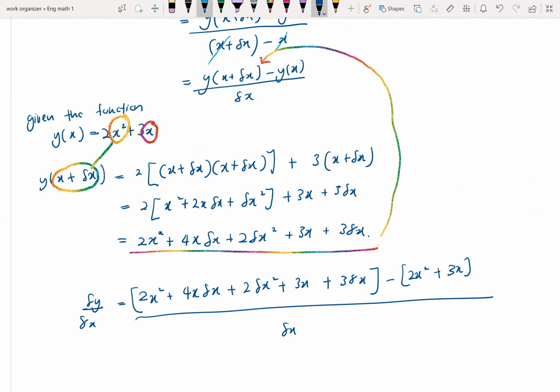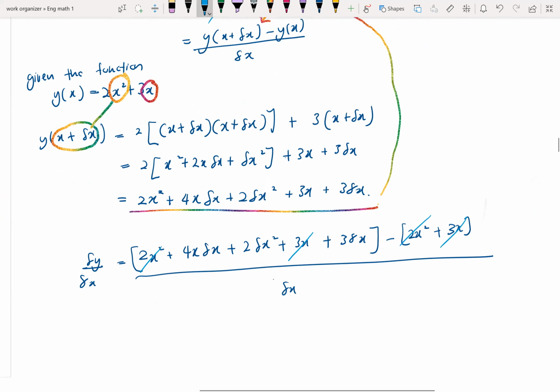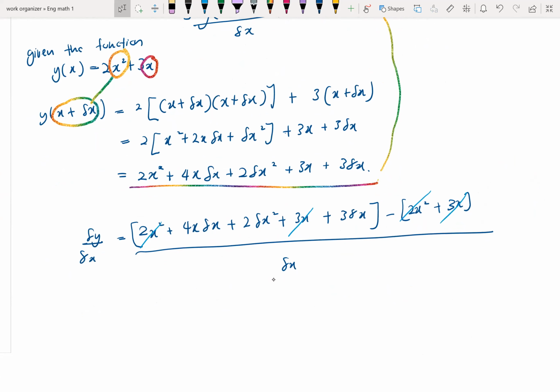We can cancel out certain terms: 3x here and 3x here, 2x squared here and 2x squared here. Then we can factorize the delta x outside.